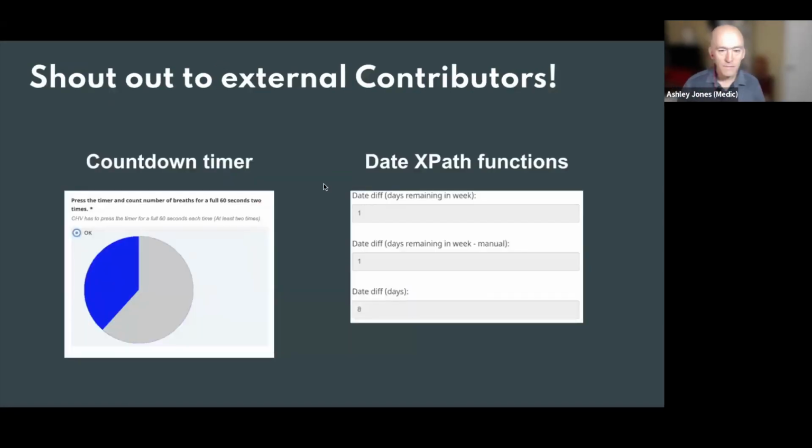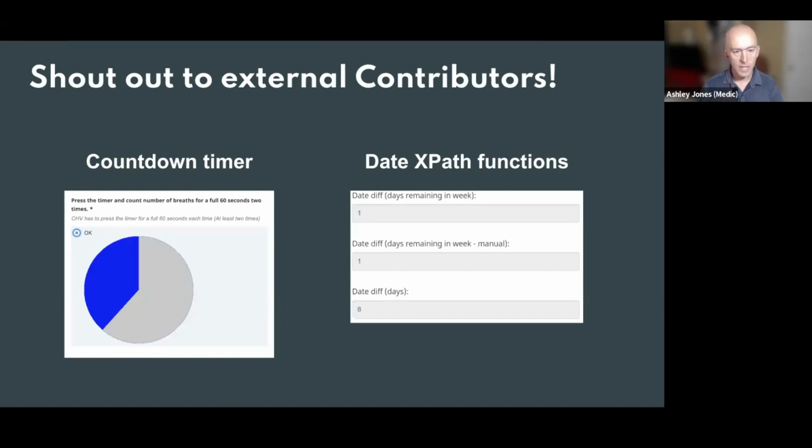While not a feature that happened in 4.6, I did want to highlight some recent contributions that go into releases. The first one is a countdown timer that is required. You saw in Lal's presentation, there was a timer in there. This is the same timer, but it's required.